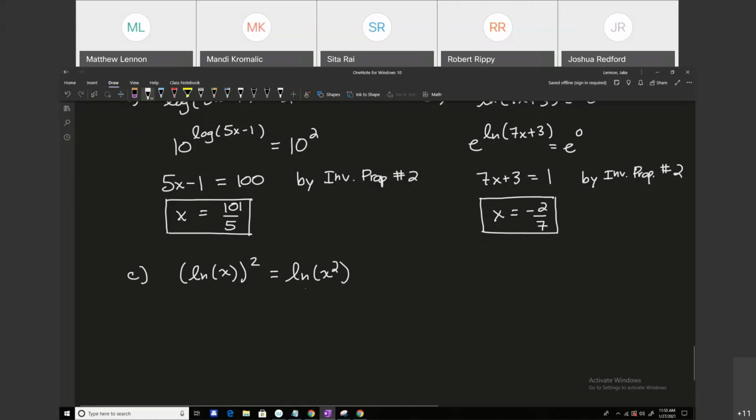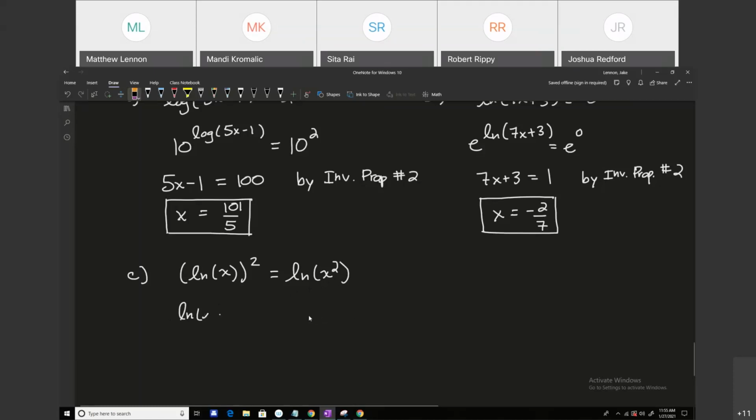The right-hand side is the natural log of x times x. That's what x squared means, right? If you think about it, this is really natural log of x times natural log of x, whereas this one is natural log of x times x. So they're different things, but they actually agree at a couple of spots.